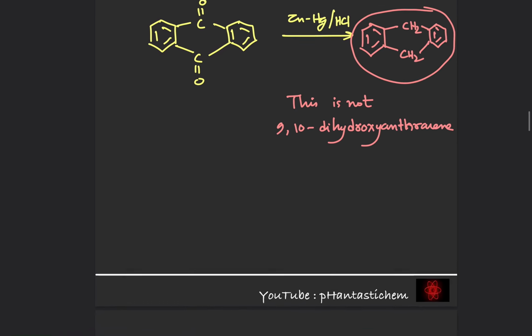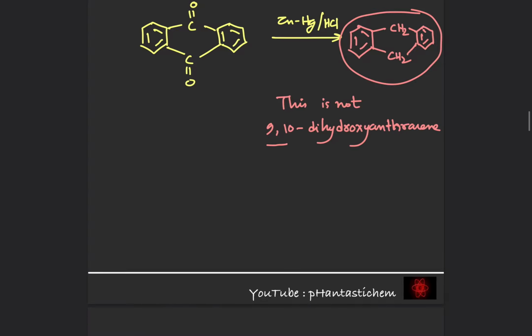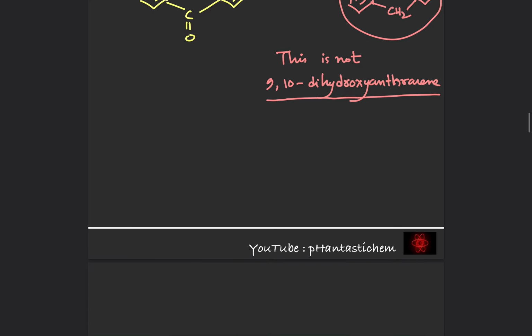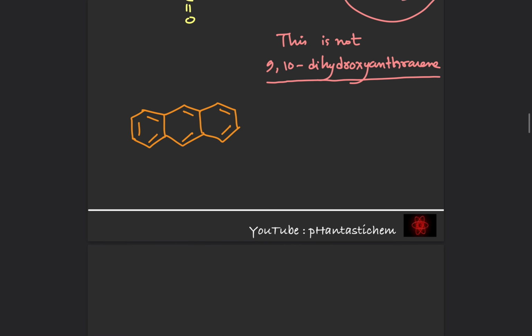Okay, so to draw the structure of 9 comma 10 dihydroxy anthracene, first let's see the structure of anthracene, which looks like this. There are three benzene rings fused to each other. So we start the numbering in this fashion: 1 2 3 4, be careful, 5 6 7 8, then 9, then 10. Okay, so this is our anthracene.